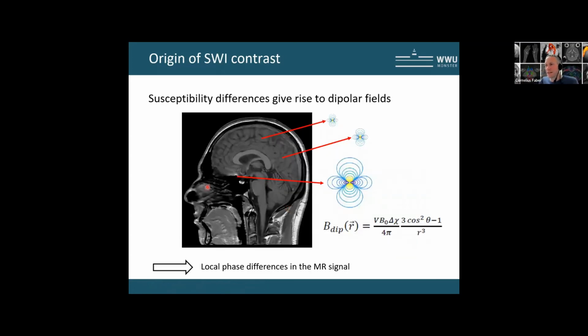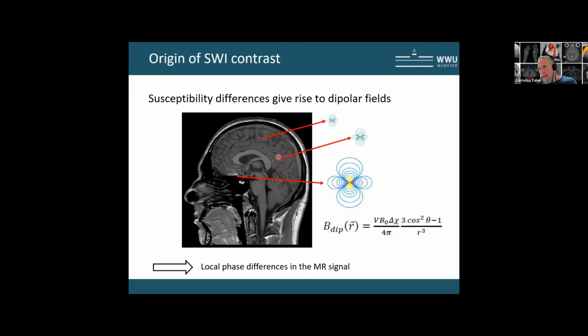A very important interaction is the dipolar field interaction. And susceptibility change, this delta chi here, always gives rise to a dipolar field. The details of this equation are not so important, but any little susceptibility difference gives rise to a little dipolar field, even in normal tissue, but they're very small.